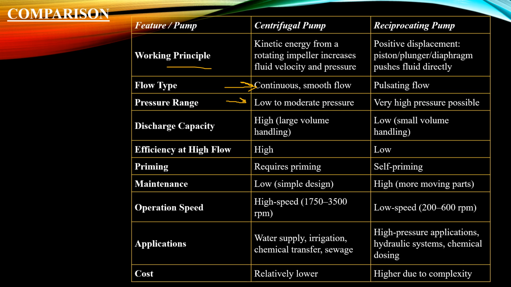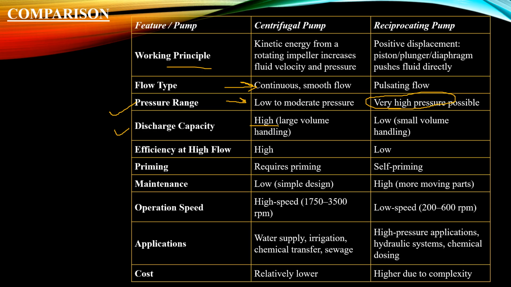So always remember these two things, pressure and the discharge capacity of the pump. When we require very high pressure, we have to use a reciprocating pump. Okay. Next, discharge capacity for centrifugal pump. Discharge capacity is high, it can handle high capacity, large volume handling, right?